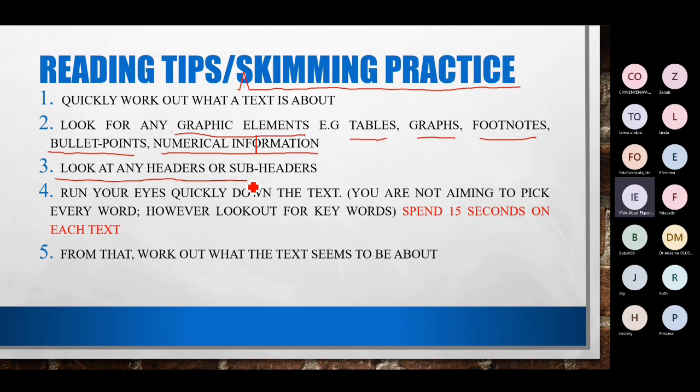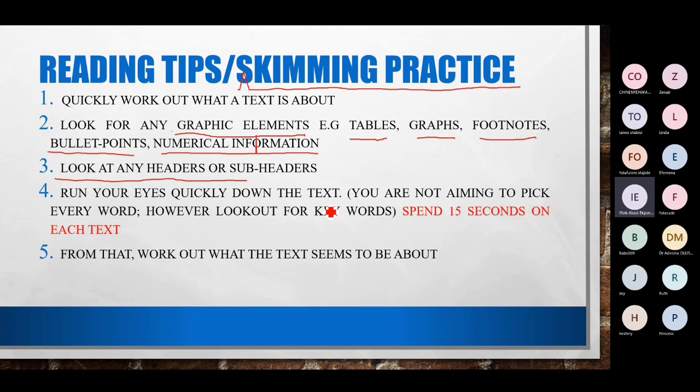Now, what do you do when you are given 15 minutes? You have to use the first 1 minute. Divide the first 1 minute into 4, that's 15 seconds each, to run your eye quickly down the text. Please note, you are not aiming at reading or picking every word.